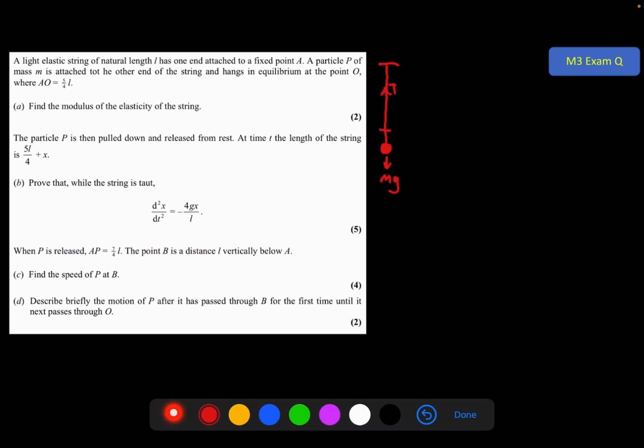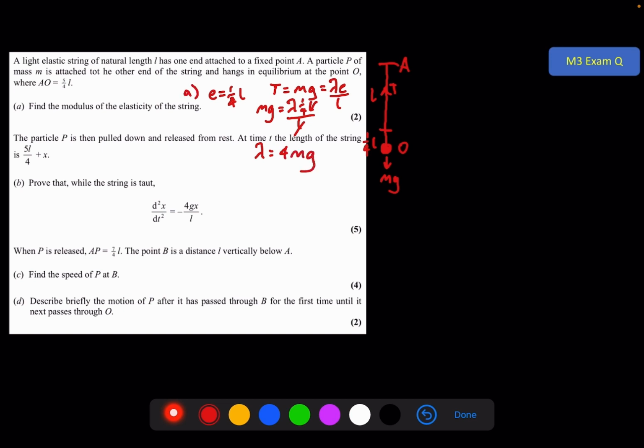The natural length is L, but A to O is 5/4 L, so our extension here is 1/4 of L. So we're using e equals 1/4 L, and we know that in this situation T is equal to mg, and also equal to lambda e over L. Lambda is the thing we want, so mg is equal to lambda times 1/4 L over L. The L's cancel, the quarter comes over the other side, and we find that lambda is equal to 4mg.